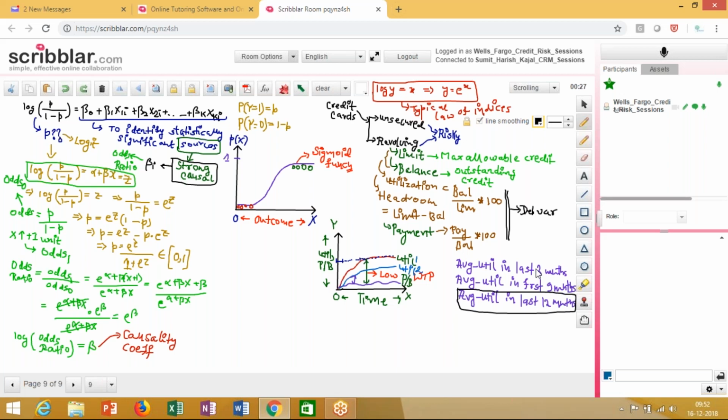And when this happens, you know that he has a high chance of defaulting going forward, because if the sudden increase is a deviation from his last 12 months behavior, then that is a concern, right?